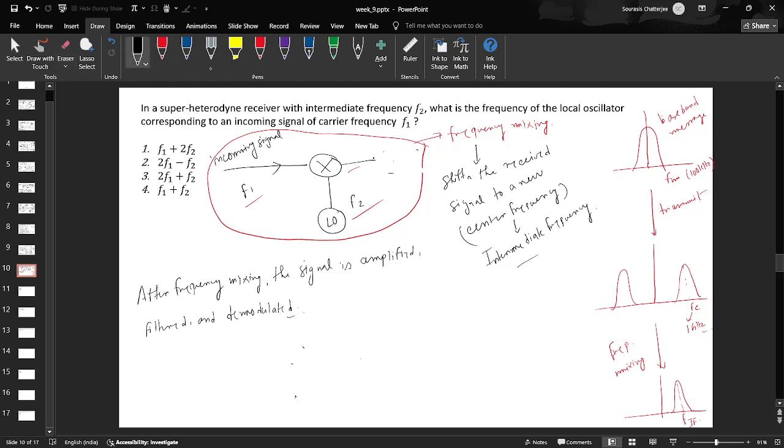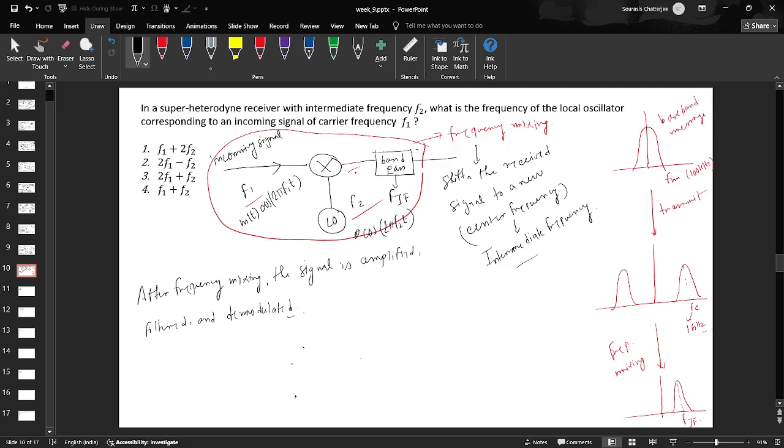Here we have something which I had not clearly mentioned earlier. This is actually a band pass filter centered around FIF. Your incoming signal at F1 is m(t) cos 2 pi F1 t. The local oscillator generates a carrier wave at frequency F2, so it's cos 2 pi F2 t.